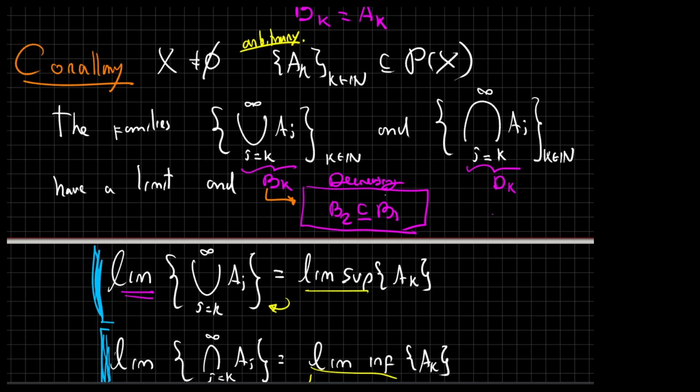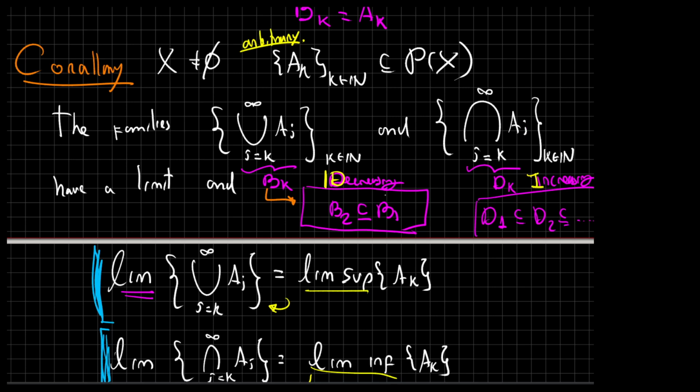Because for the first, you intersect absolutely everything, so this is some small set. And then you intersect everything starting from A2, so this is a slightly bigger set, and so on. So this is increasing, and the first one was decreasing.